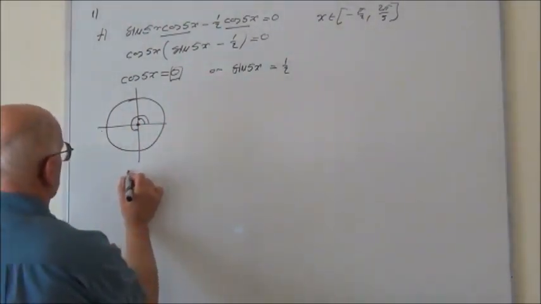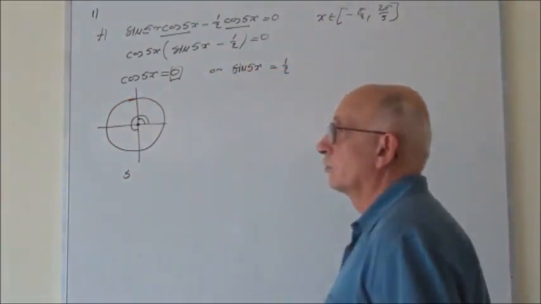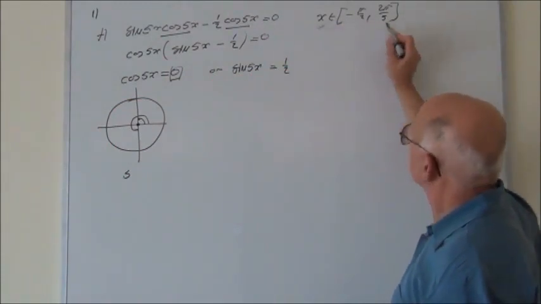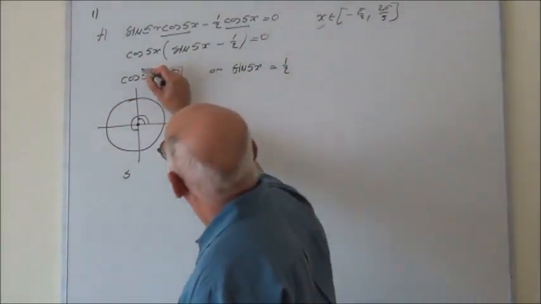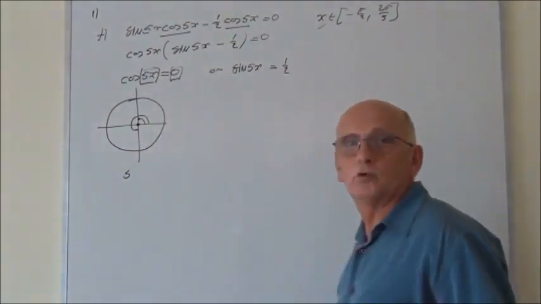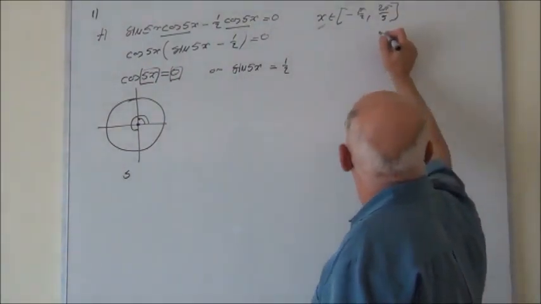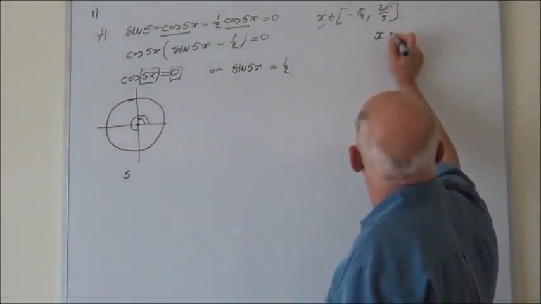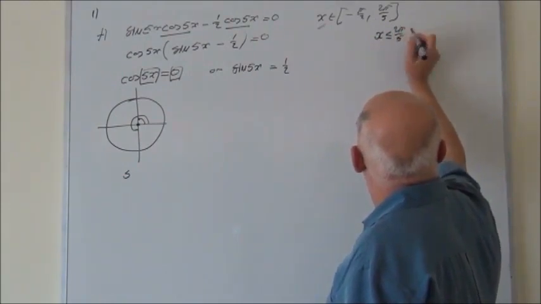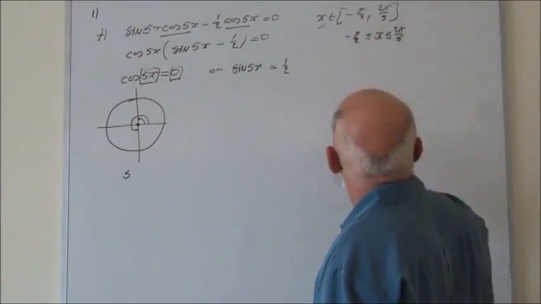So we can write solutions, but before we write solutions, don't forget x is this, our angle is 5x. So we have to adjust this domain, and we can write x smaller or equal 2 pi on 5, greater or equal minus pi on 2.